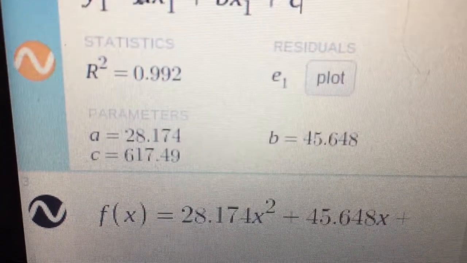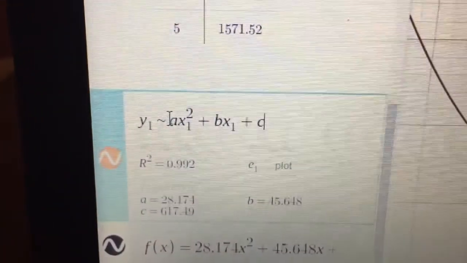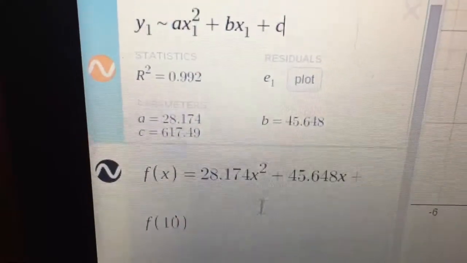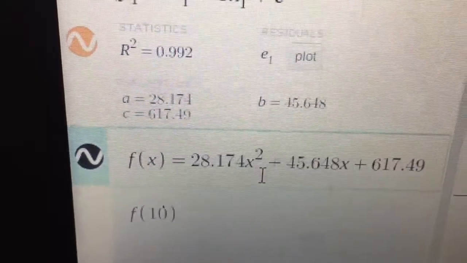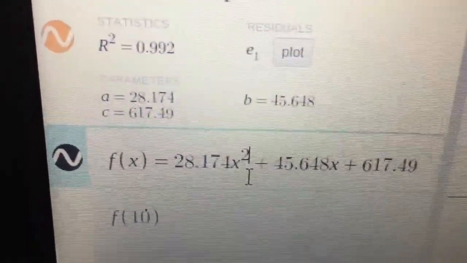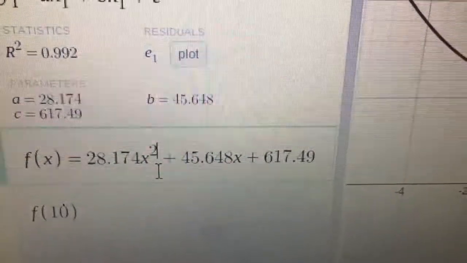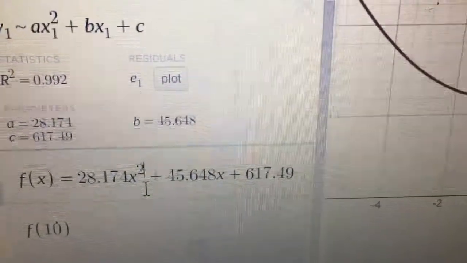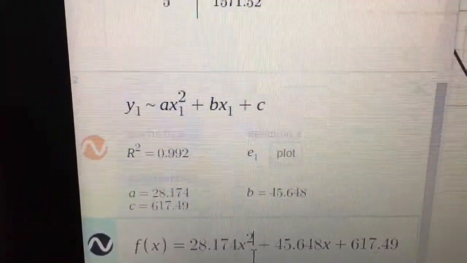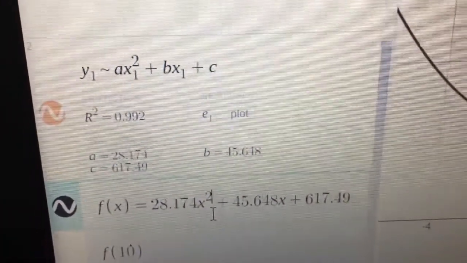You would take these 3 numbers and plug them in. So f(x) equals 28.174x squared plus 45.648x plus 617.49. That would be the quadratic function you have to find for this problem.